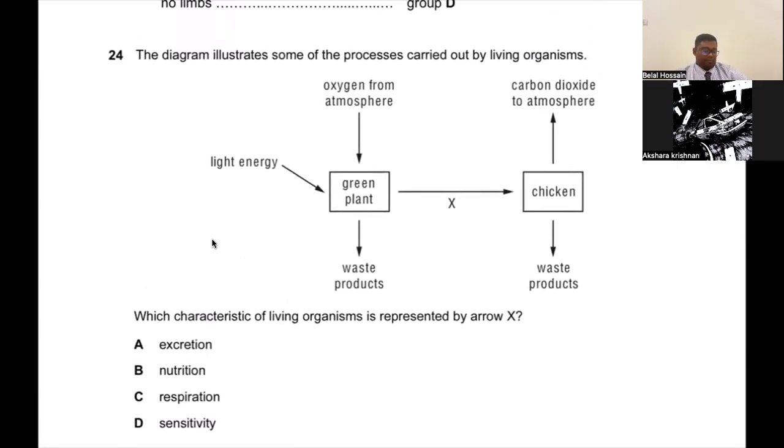Okay, try number 24. The diagram illustrates some of the processes carried out by a living organism. Which characteristic of living organism is represented by arrow X? Oxygen from atmosphere. Nutrition.